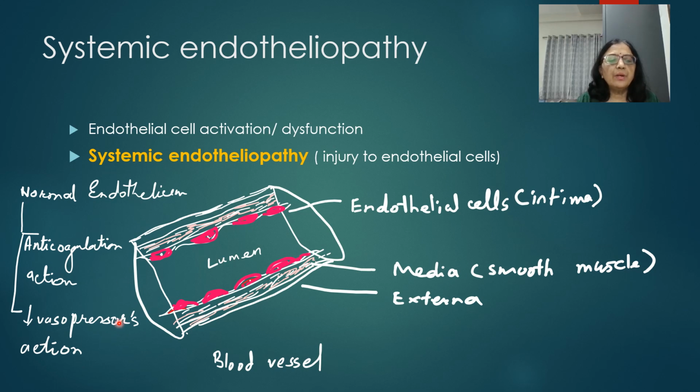Second, it blunts the response of the vessel to the vasopressors, so that the vessel doesn't go into spasm easily and blood flow remains intact. Ultimately, the most important function of the endothelium is to keep the blood flowing in a blood vessel, and these are the two important functions.